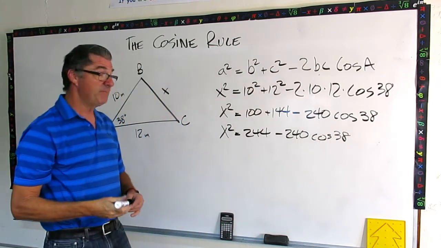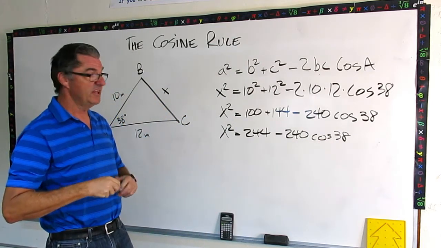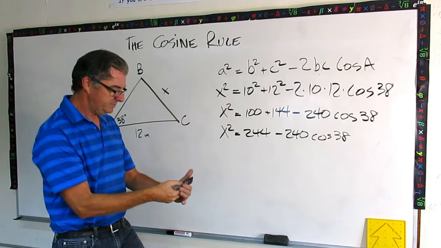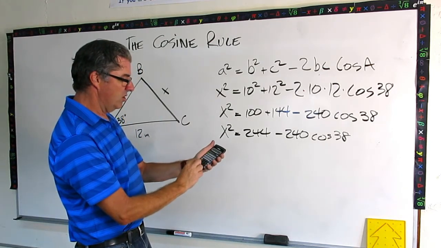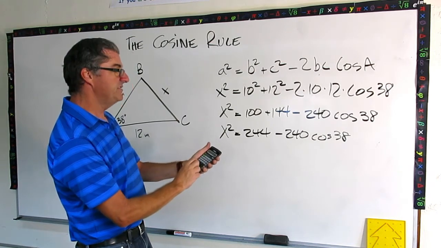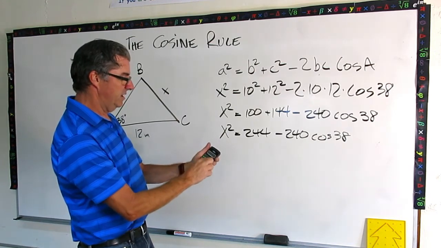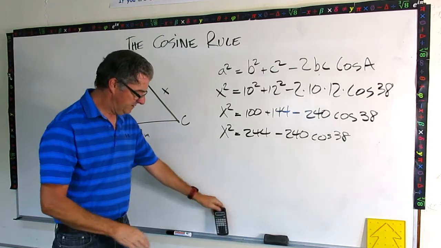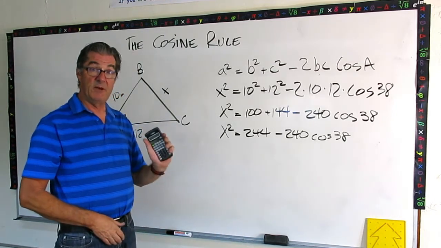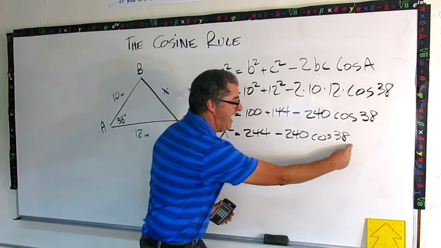So now I'm at a place where I can actually just get out my calculator and solve this one. Okay, now I'm going to get out my calculator and figure out what all that is.